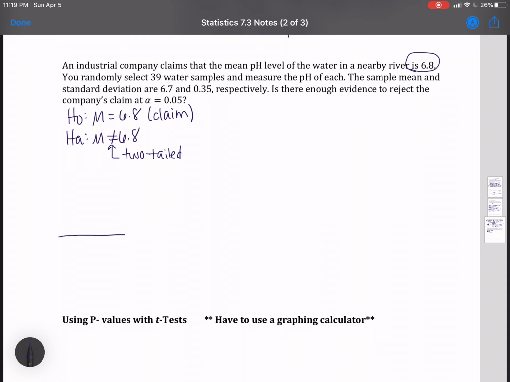So if you want, you can go ahead and sketch your graph. And we're going to have two critical values, one negative and one positive.